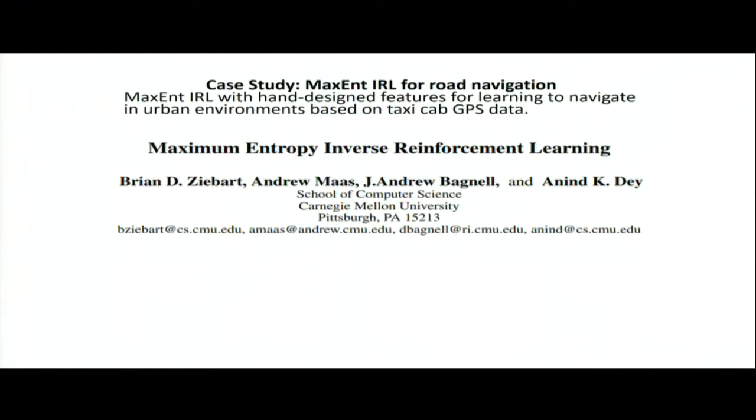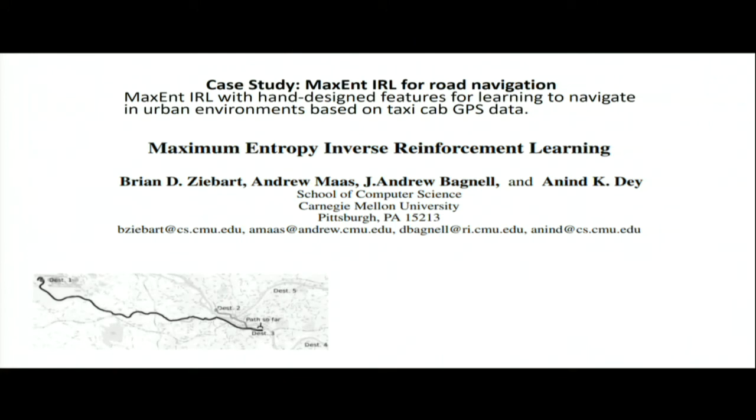So one example of work that used the maximum entropy IRL algorithm to actually solve some interesting real-world reward learning problems is the maxent IRL paper by Brian Ziebart and colleagues. What they did in this work is they applied the maxent IRL algorithm to discrete MDPs that corresponded to navigation of road networks.